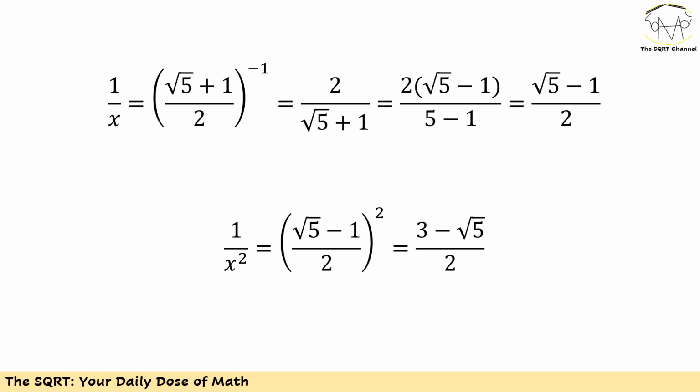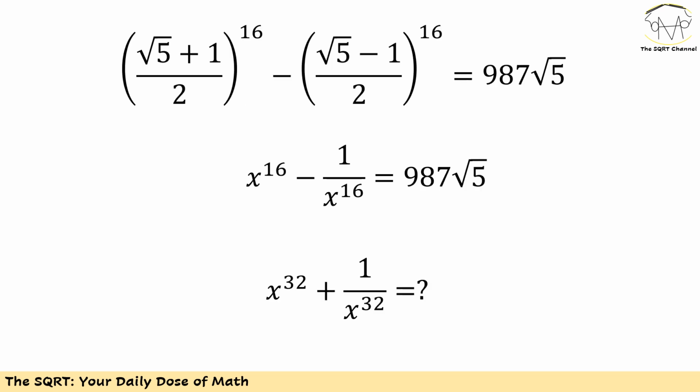And then after some simplification, we are going to end up with radical 5 minus 1 over 2. So basically, if x is defined as radical 5 plus 1 over 2, 1 over x is going to be radical 5 minus 1 over 2. Now, if we take power of 2 of 1 over x, then we are going to end up with 3 minus radical 5 over 2, which is basically something that we wanted to have.